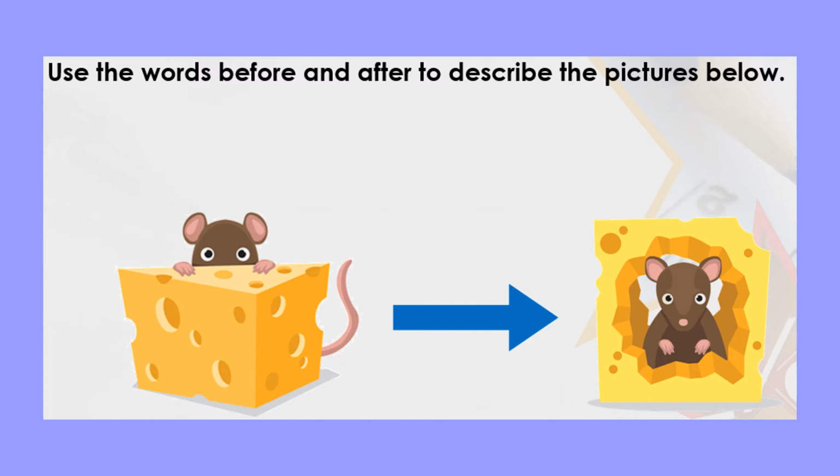We could say something like, the mouse has a big piece of cheese before, then he starts to eat it, and after he's finished eating it, he's made a big hole in it to look through. You have a turn.